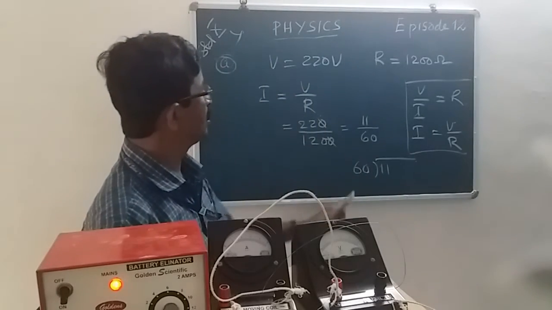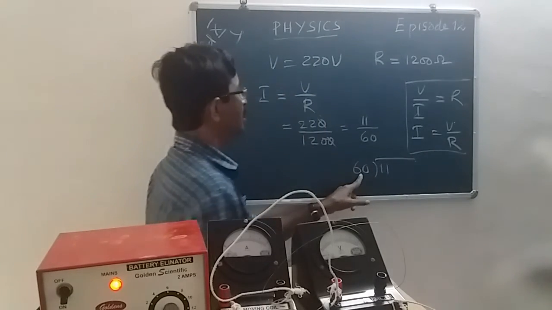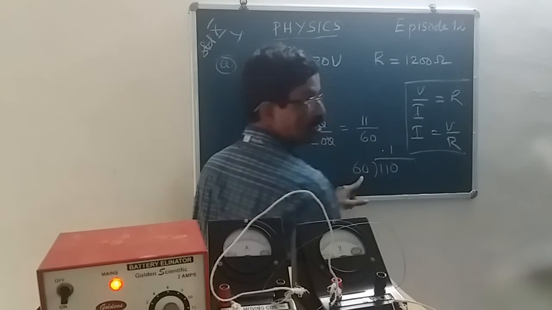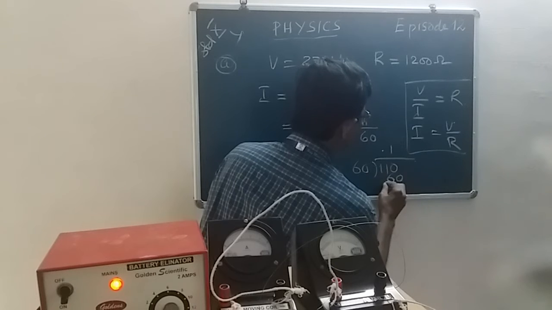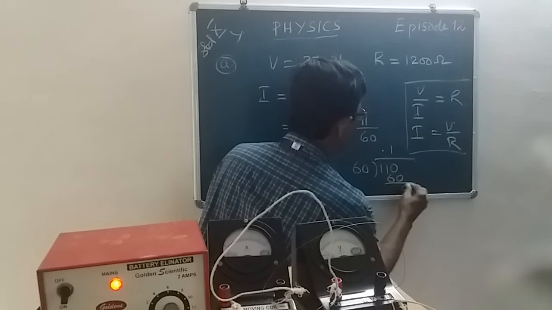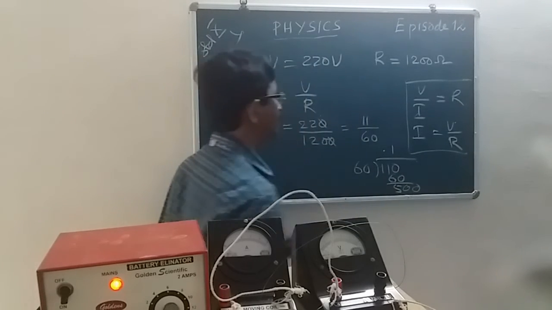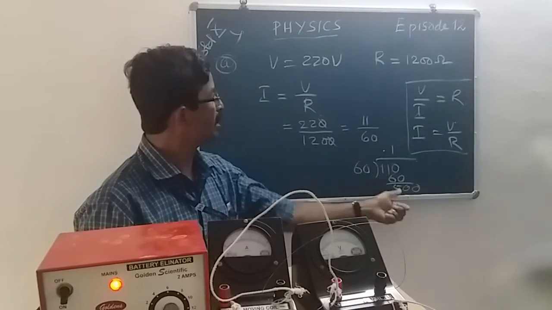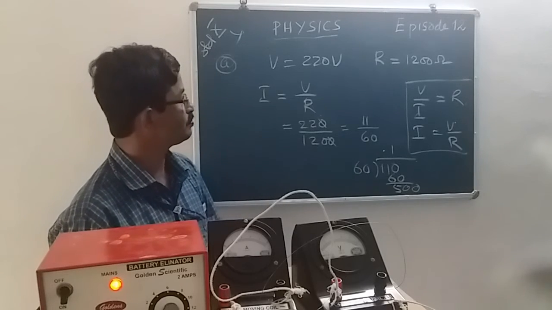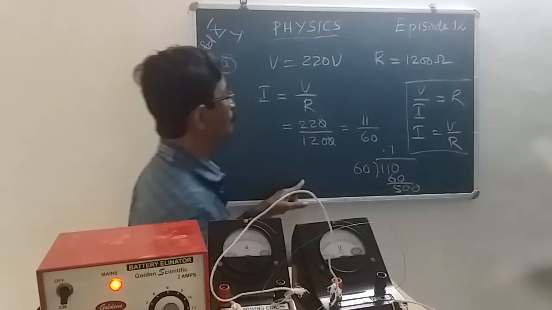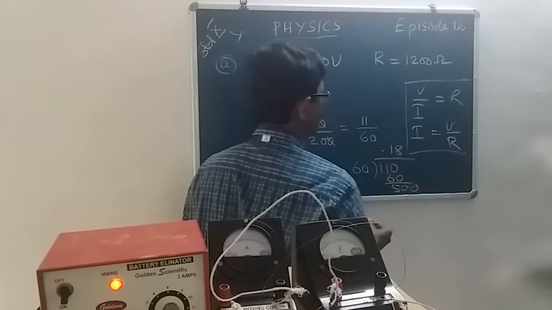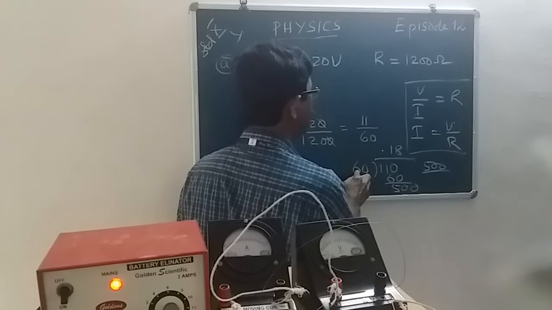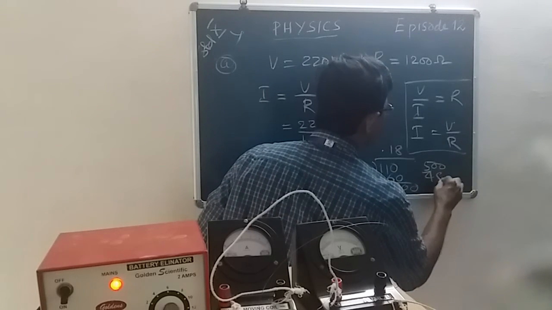In 11, we cannot take 60. So, by putting a decimal, 0 is given. How much? 110. In 110, 60 once. 60. Remaining is how much? 50. Then 500. In 500, how many times will 60 come? 8 times. 480.